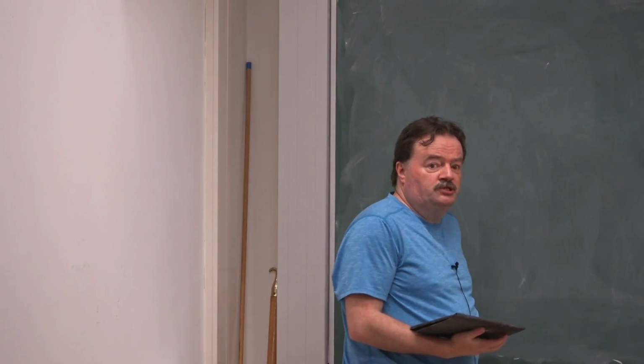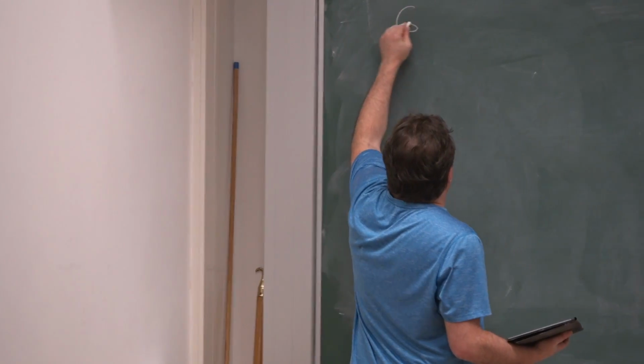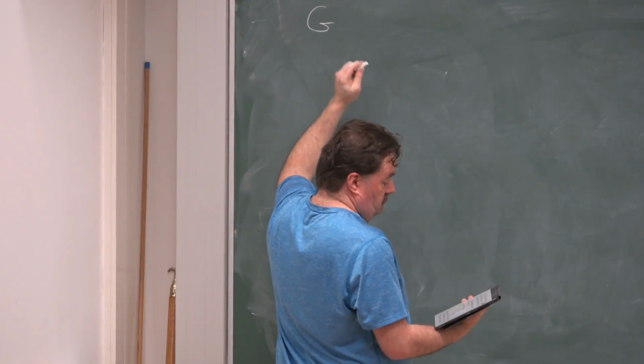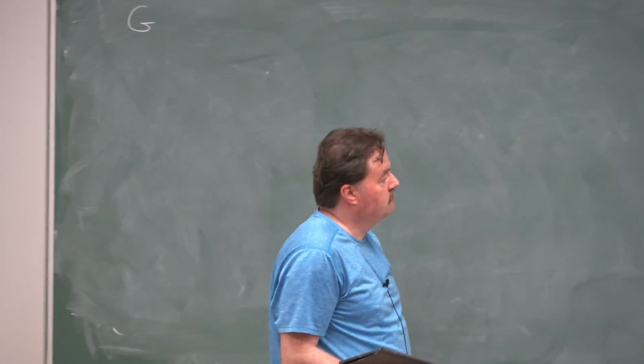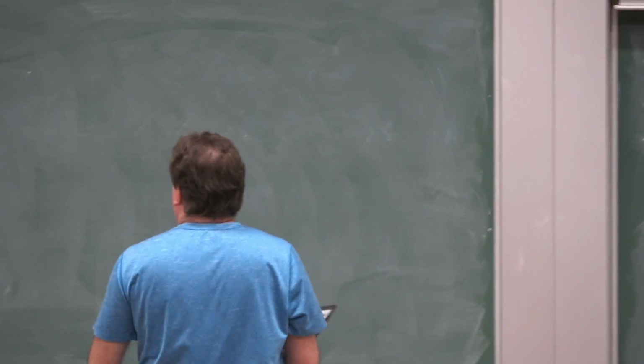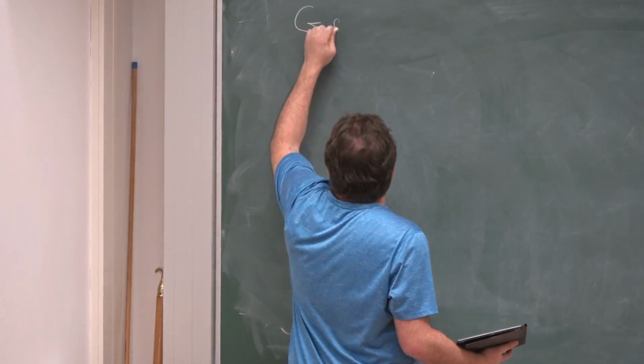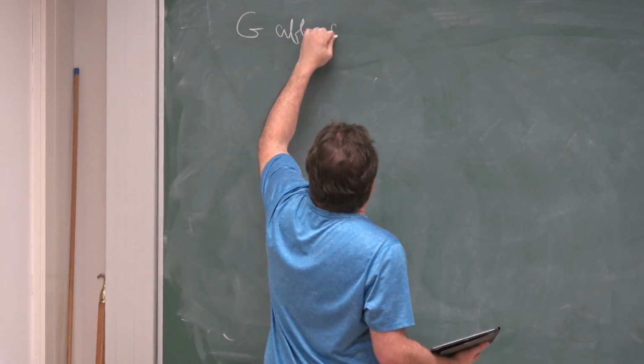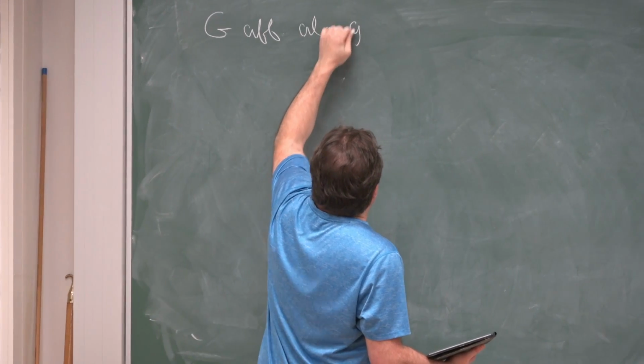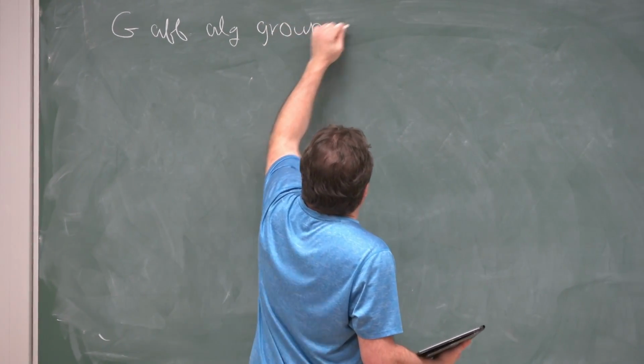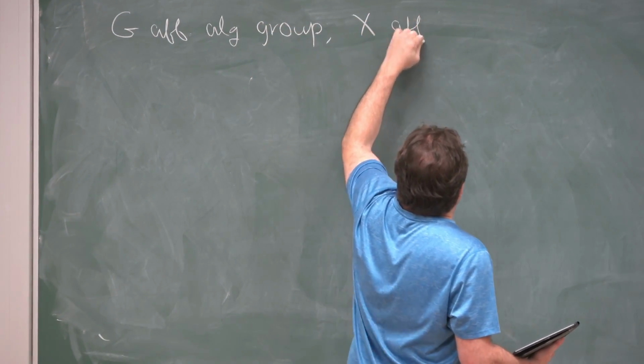Okay, now suppose G is an affine algebraic group. X is, say, an affine variety.